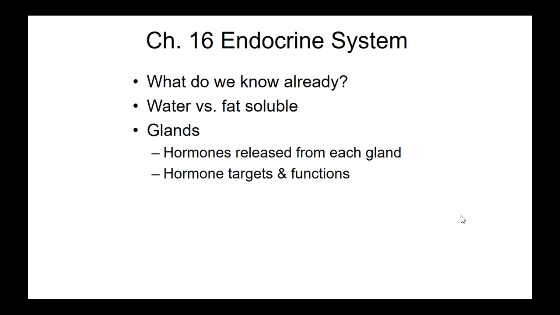So if we have, say, a cell down here that has this receptor on it, is it going to respond to this hormone? It doesn't have the right receptor. So what cells are going to be able to respond to this hormone? Cells that have the specific receptor for that hormone, right?